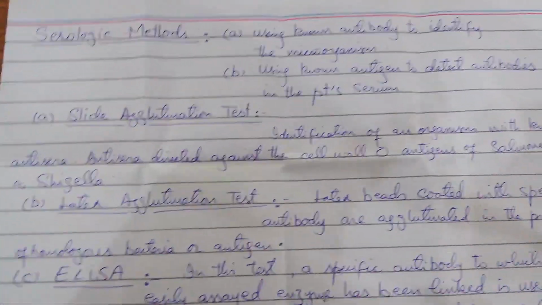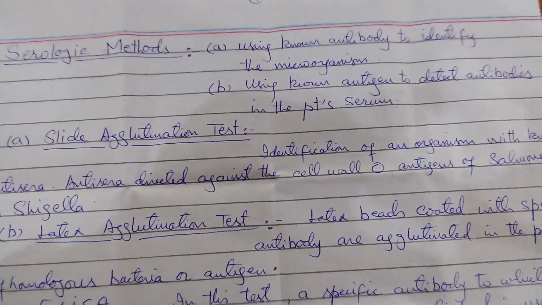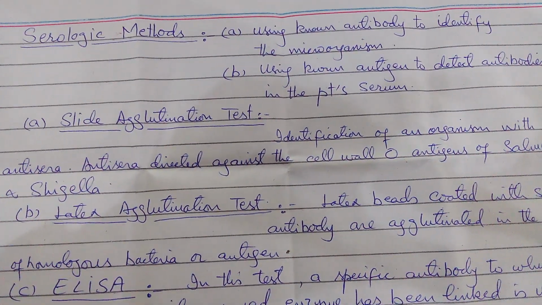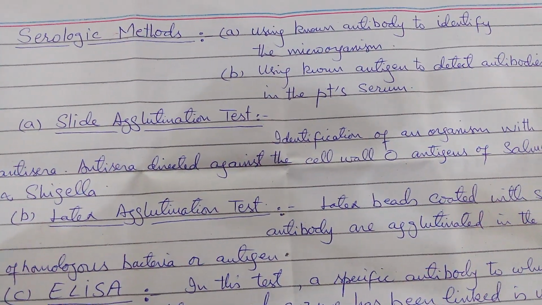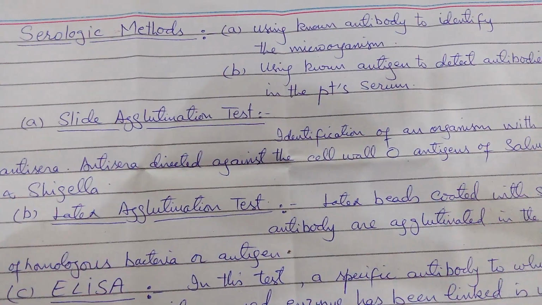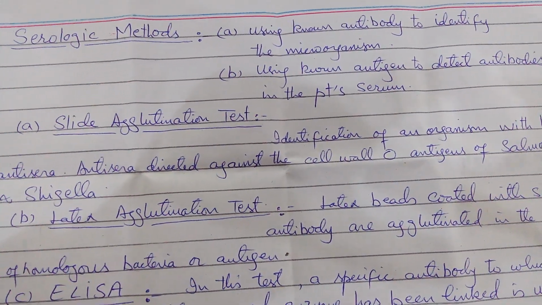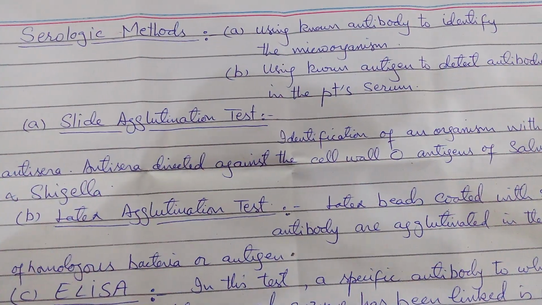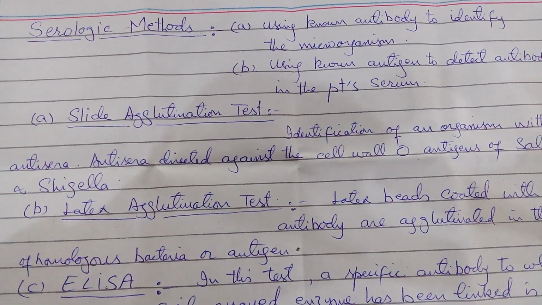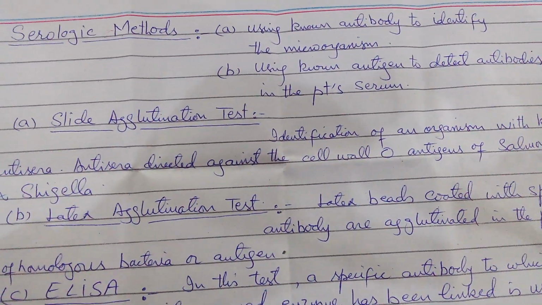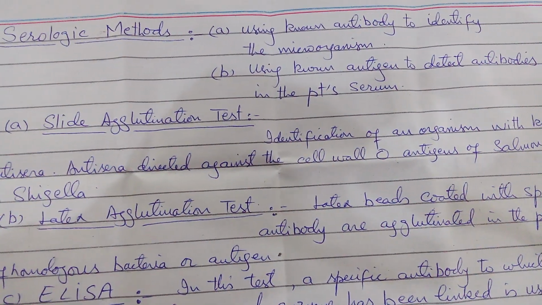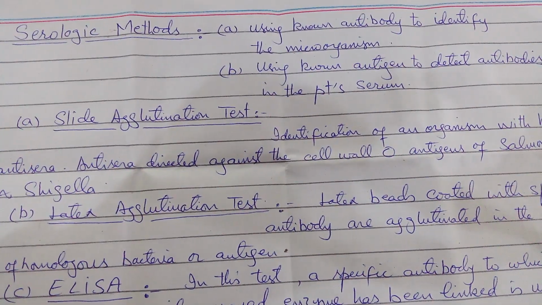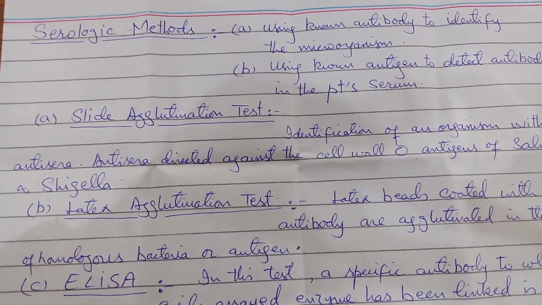Next, we have serological tests. Students, serological tests are performed under two conditions. Number one, either we use known antibody to identify the microorganisms. The second option is we use known antigen to detect the antibodies in patient's serum.